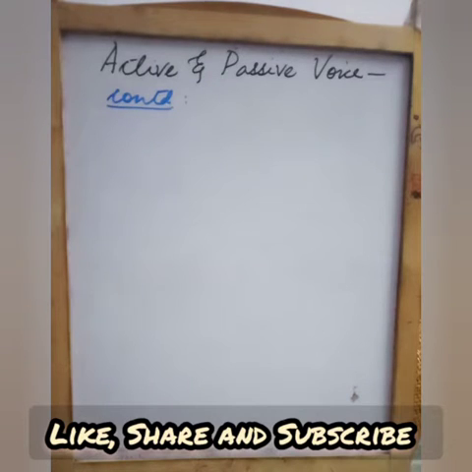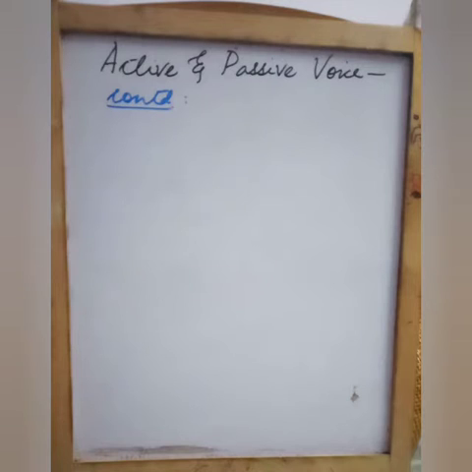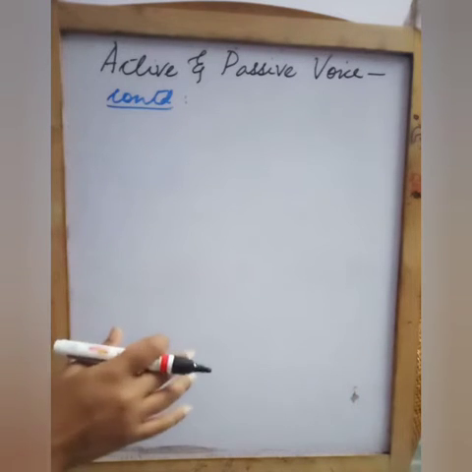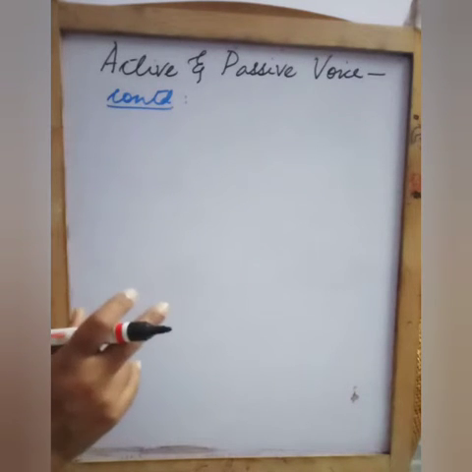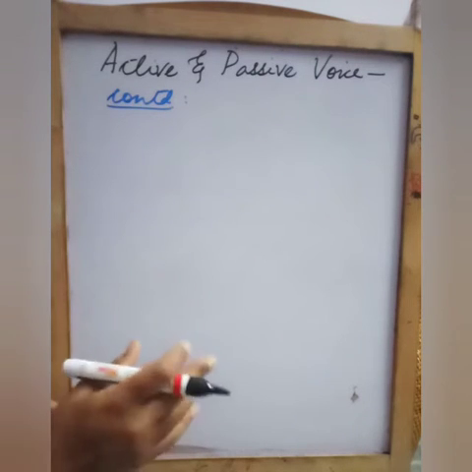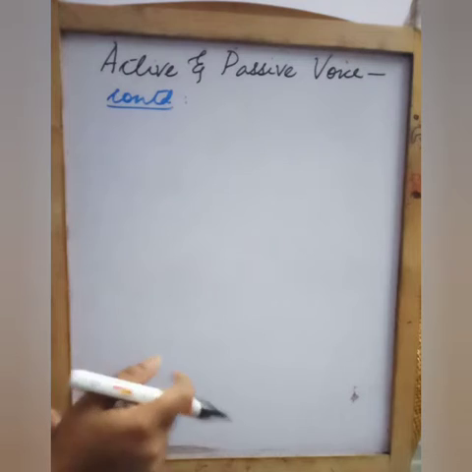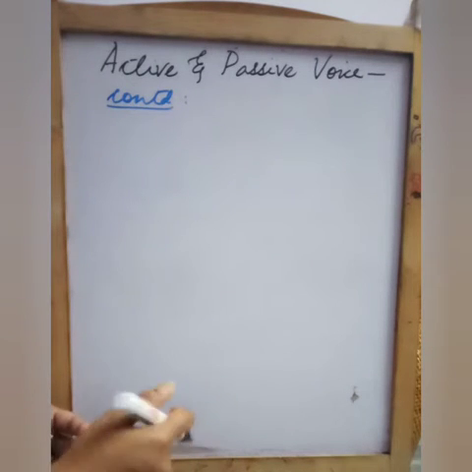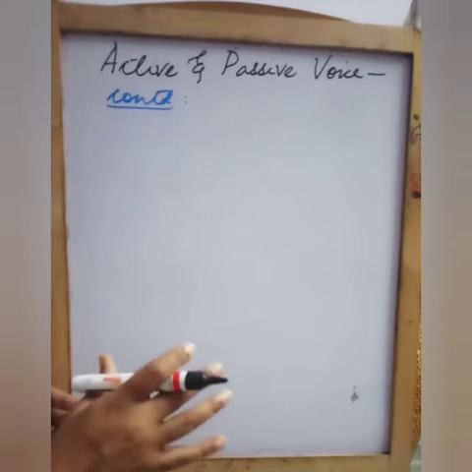So what had we learned? What is active voice? Active voice is when the sentence has a subject who is the doer, isn't it? In a sentence there is a subject, an action, that is a verb, performed by the subject, and there is an object. When the subject is the doer, and that action is passed on to the object, or it may not be passed on, but generally it is, in such cases the verb is active.